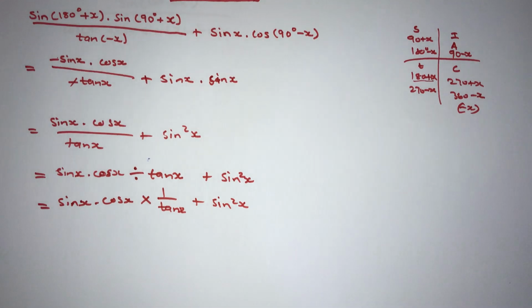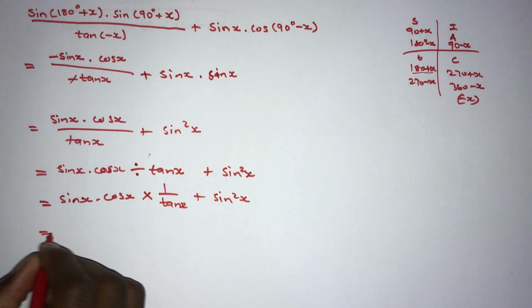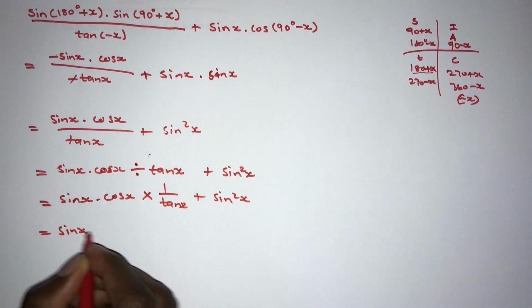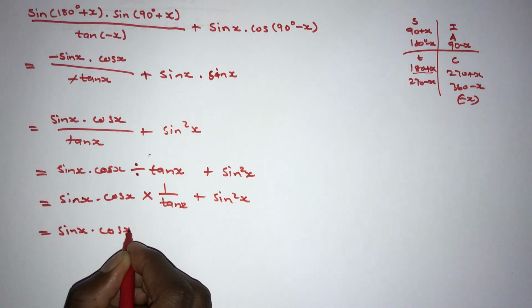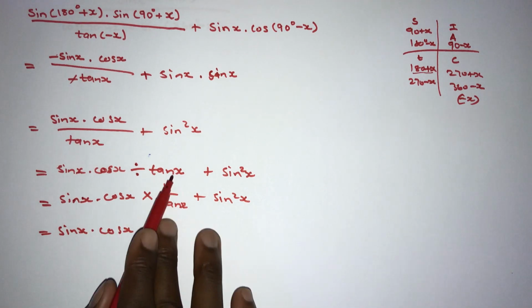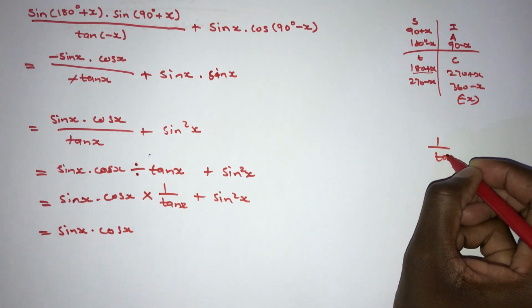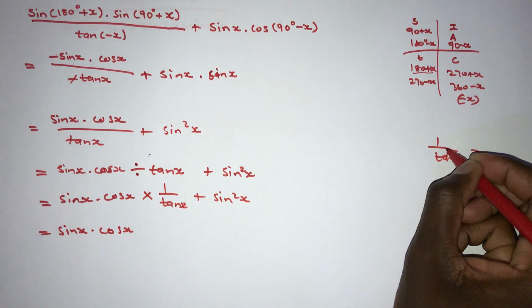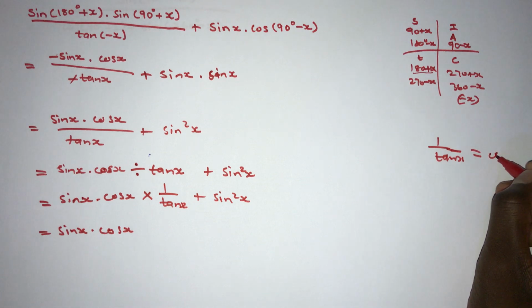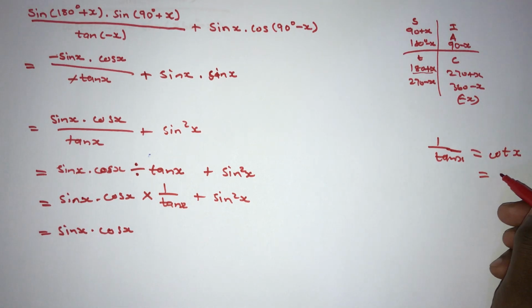So we're just copying sine x times cos x, and 1 over tan x is the same as cot x. And what is cot x? Cot x is cos x over sine x.